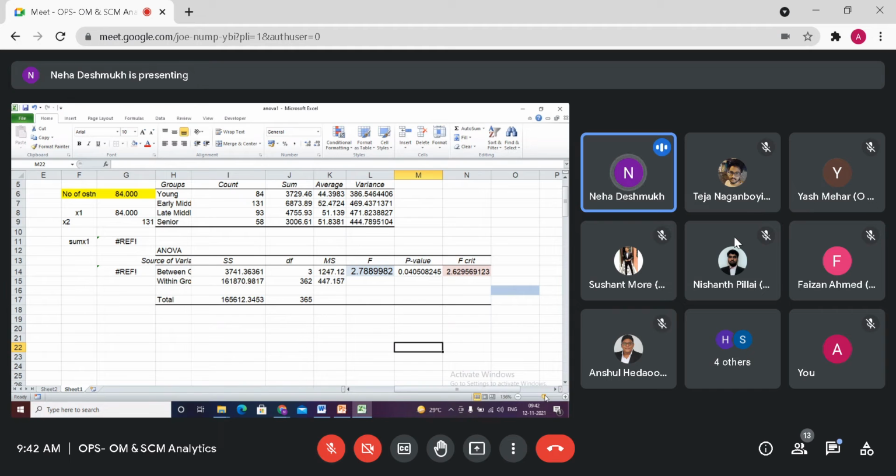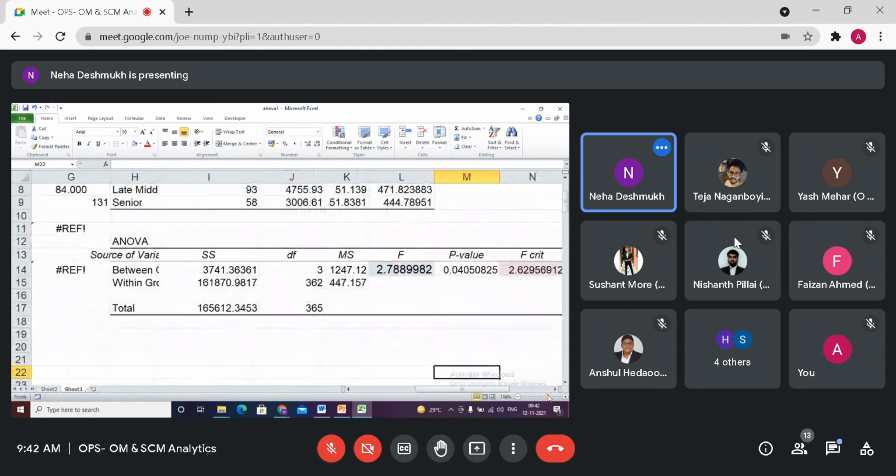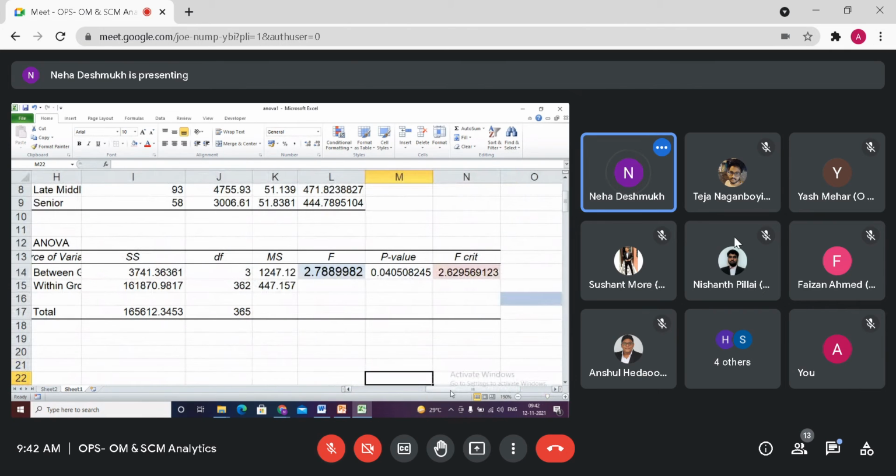You can directly interpret from the result that F calculated is greater than F critical. This means the test is statistically significant. When the test is statistically significant, the null hypothesis is rejected, which means the alternative hypothesis is accepted.